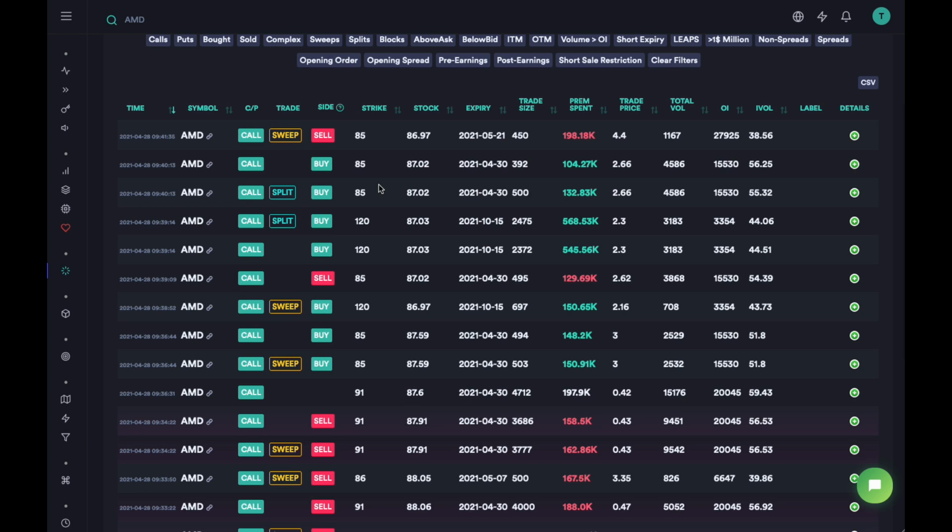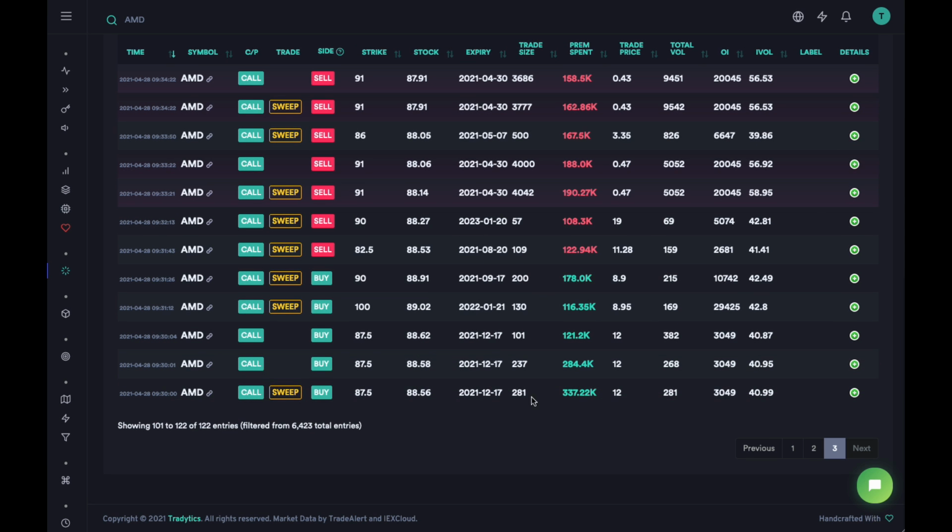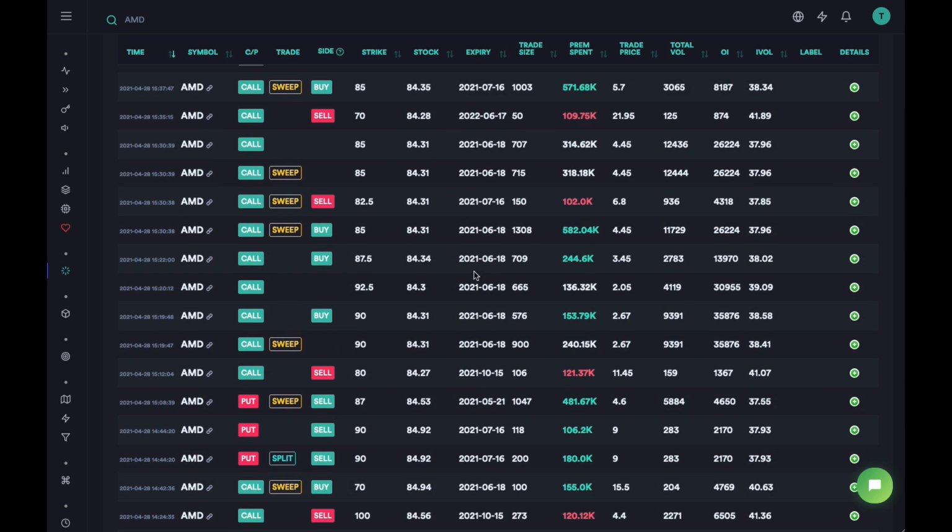If you're seeing these 85s, then you can also expect that the price might not go below 85, but that's not really a guarantee, although nothing is a guarantee. But the majority of the flow is telling us that there is more confidence that the price is not going to cross the 86 level, and for sure it might not cross the 90 level. And that's what happened. We started with 88, and look at where we ended.